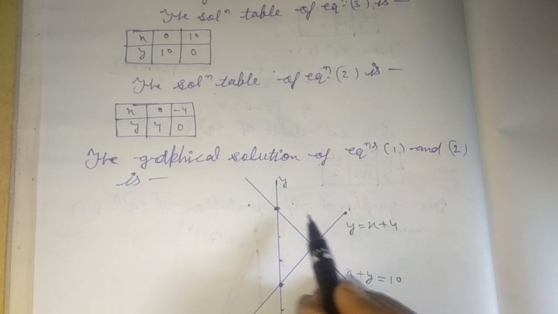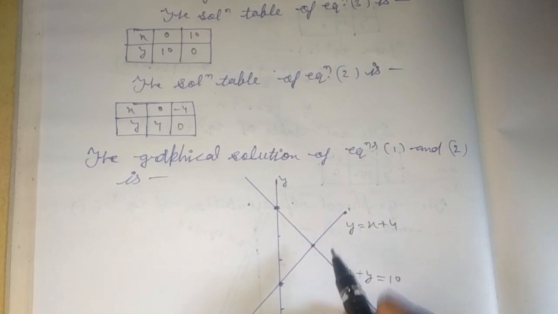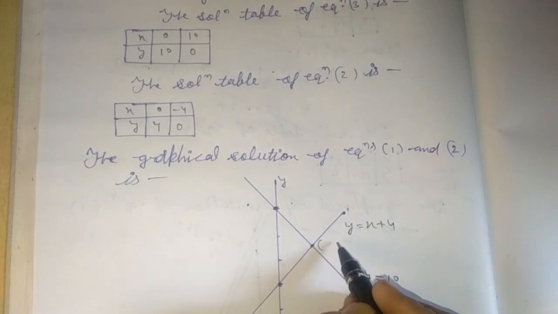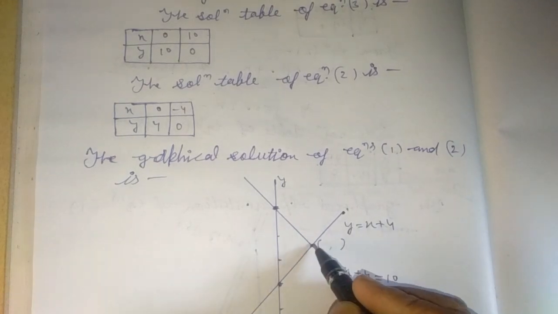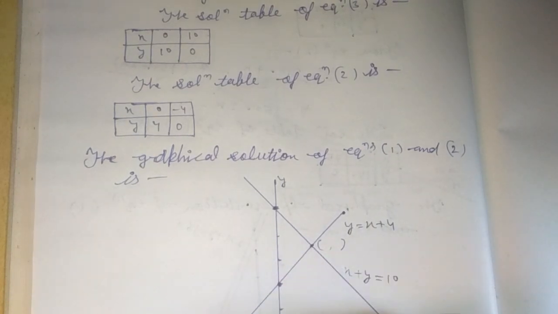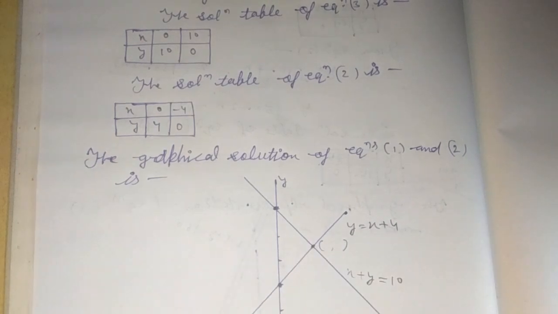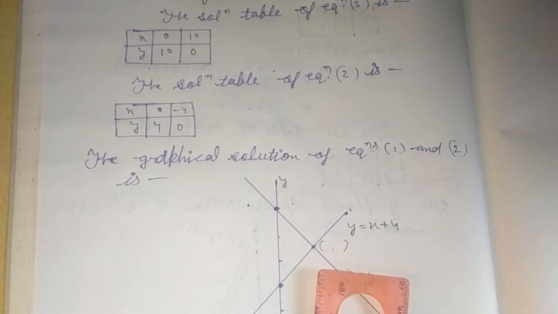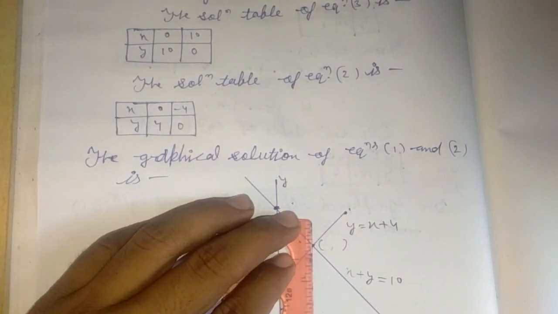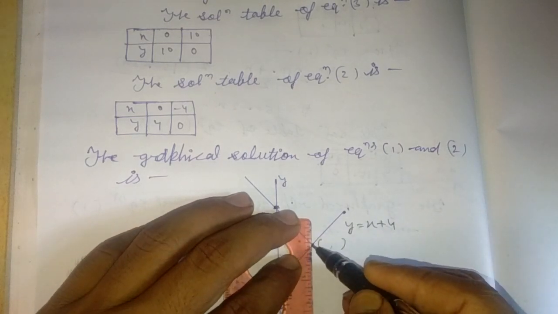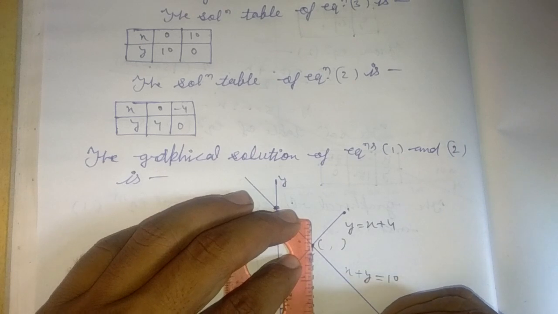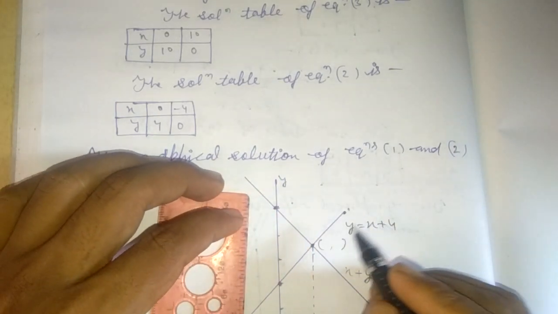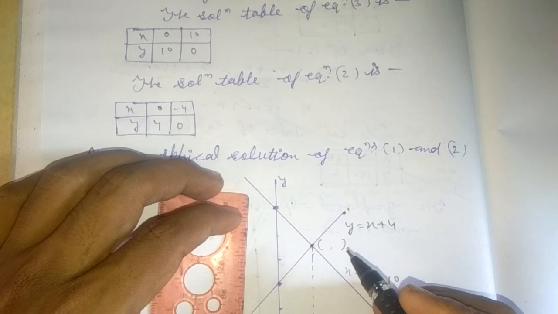Since both lines intersect at this point, first we find the coordinates of this point. We draw the perpendicular from here to the x-axis and here to the y-axis. When we draw the perpendicular on the x-axis, we get the x coordinate.